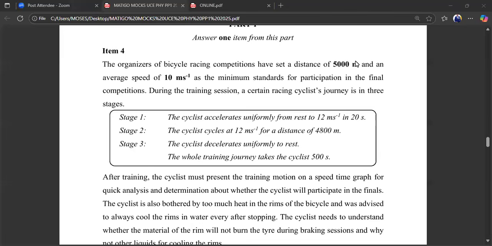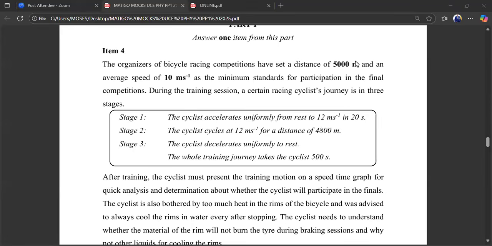Stage 1, the cyclist accelerates uniformly from rest to 12 meters per second in 20 seconds. Stage 2, the cyclist cycles at 12 meters per second for a distance of 4,800 meters. Stage 3, the cyclist decelerates uniformly to rest. The whole journey takes the cyclist 500 seconds. That is the total time for the journey.